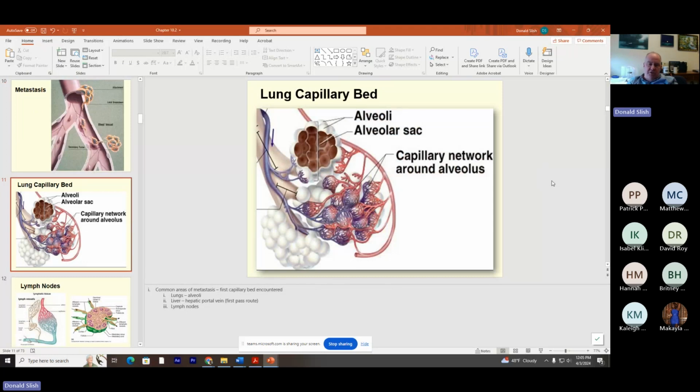The blood will be collected from the skin, go to the right side of the heart, and from the right side of the heart out to the lungs. On that whole trip, the vessels get bigger and bigger, right? You get to the lungs, they get smaller and smaller. Now you're in a capillary bed and the cells can escape and then set up tumors in the lungs. So that's one reason that you often get lung cancer metastasis.